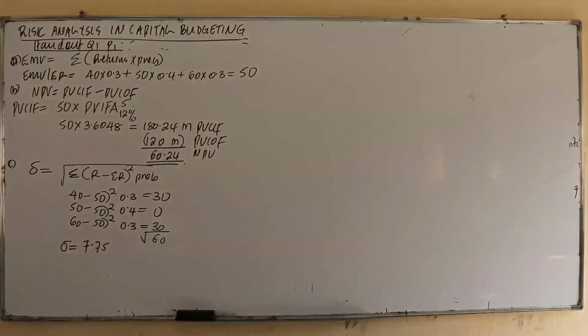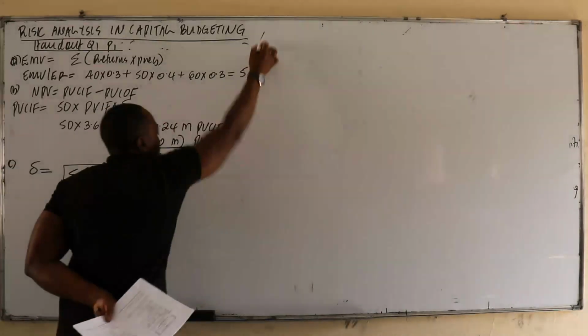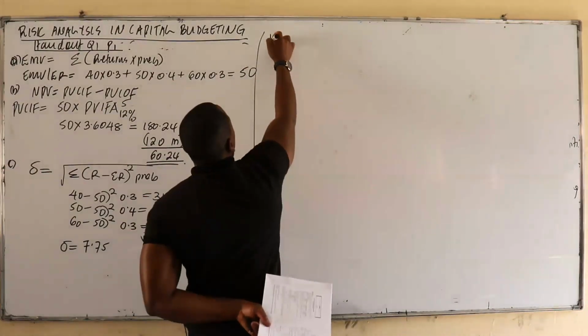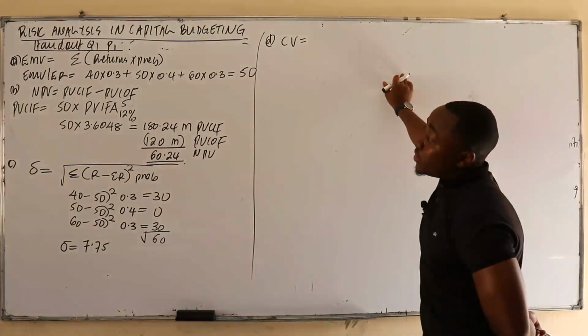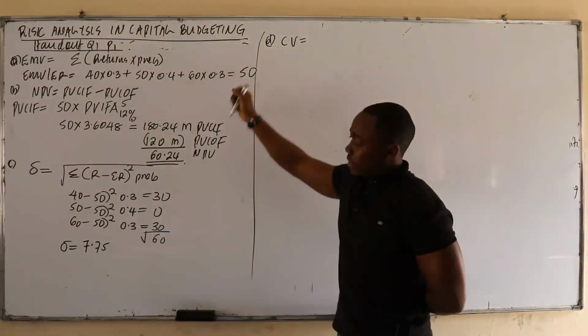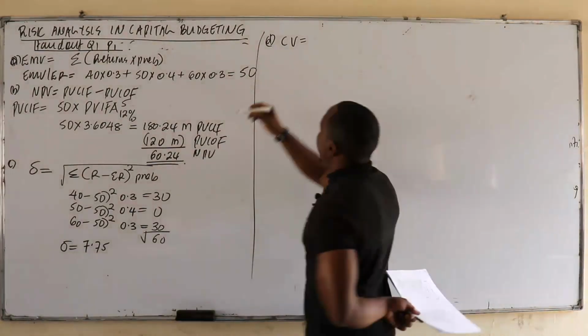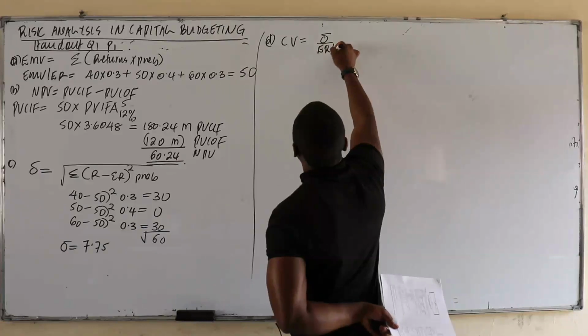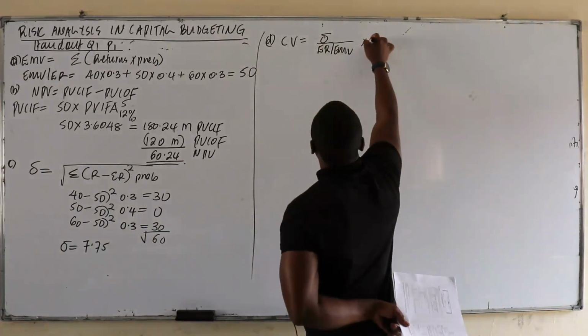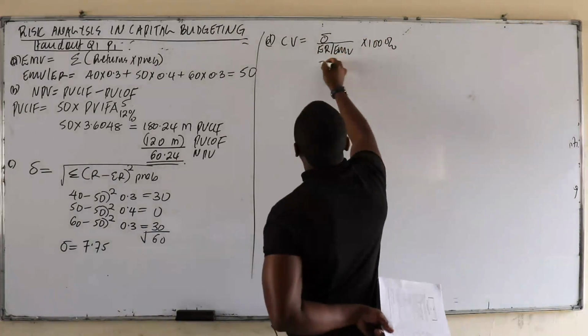Lastly, number D, coefficient of variation. So now let's compute the coefficient of variation. I said that coefficient of variation is a trade-off between the returns and the risk. And how do we get CV? It's the standard deviation, you divide by expected return or the expected monetary value, you multiply by 100.